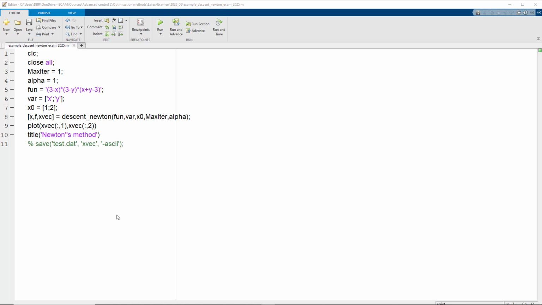You can check this if you want using the software that is also available on the web page of the course. So we use one iteration since we only want one iterate. Here is the step size, here's the function, here's the initial point we start from, and we use Newton's descent direction.